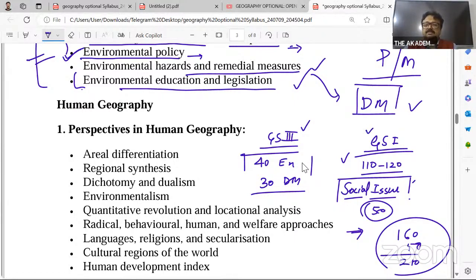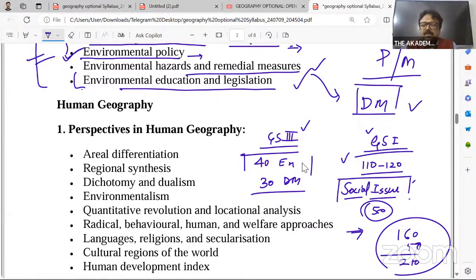Obviously there are some parts of international relations that also find mention in the geography syllabus. So let me read all those topics. I don't say this without reason. If you are studying border disputes in international relations, then study them in geography also. If there is the Kalapani dispute between Nepal and India, the geographical location of Kalapani does not change, right? The China-India border dispute is the same dispute that will be there in geography and there in your international relations.